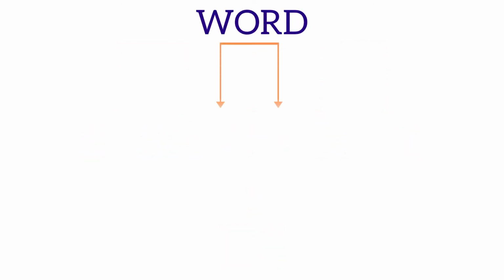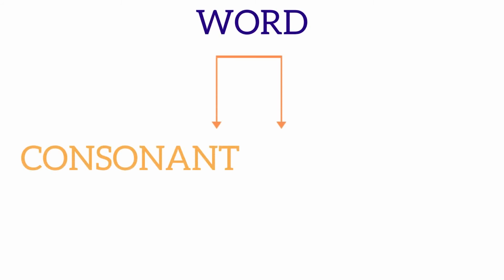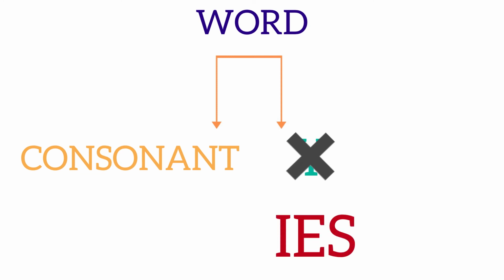When a word ends in a vowel and y, we add s. When a word ends in a consonant and y, we remove the y and add ies.